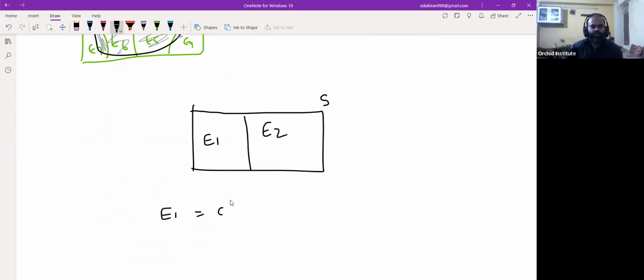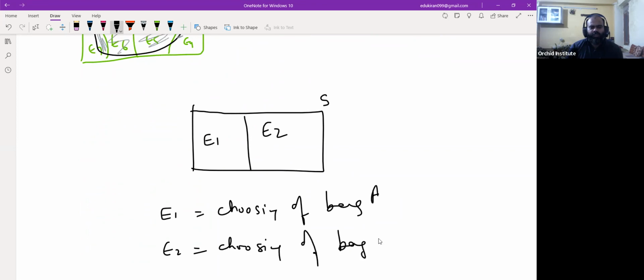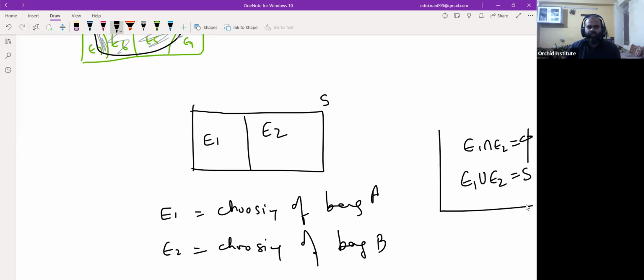E1 is choosing of bag A. E2 is choosing of bag B. First, try to understand that these two events are mutually exclusive, because if you choose bag A, you won't choose bag B, and if you choose bag B, you won't choose bag A. And these are exhaustive because either you will choose bag A or bag B. So these two conditions are there. So this is E1 and E2.